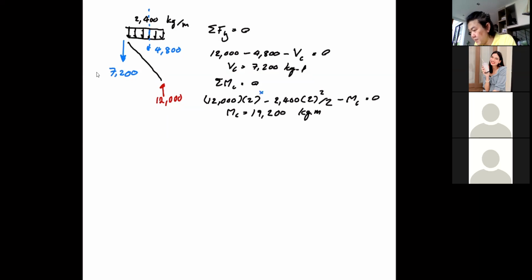Because this term is greater than the second term, that means this moment is in this direction. So that's 19200 kilogram meter. Okay, I need to be away for 1 second, so I'll come back in a minute.